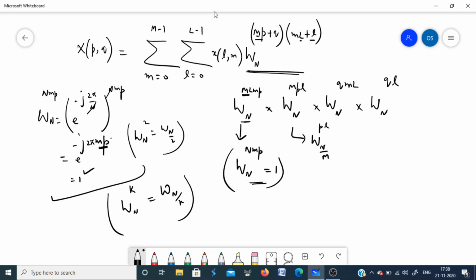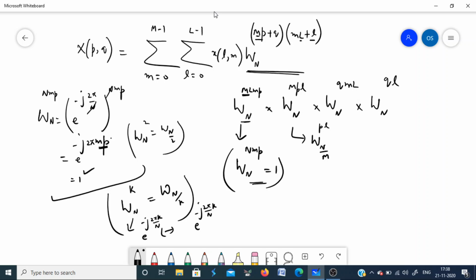And this is very simple. If it is wn to the power k, the left hand side: wn is e raised to the power minus j 2 pi by n, to the power k. And on the right hand side, wn by k is e raised to the power minus j 2 pi by n, where n is basically n by k, so k will go here. So they are the same.